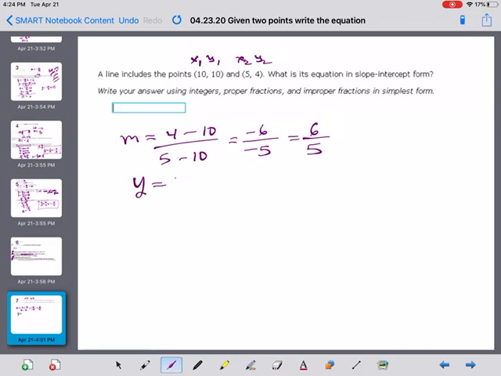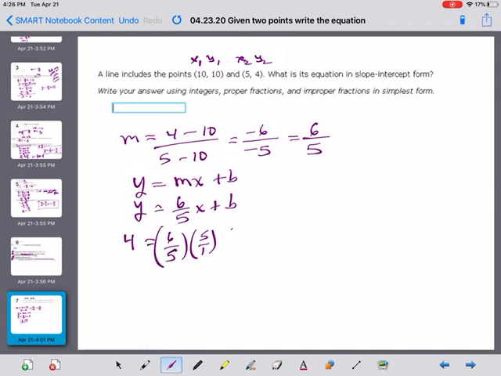Now, plug that into y equals mx plus b. That's the general form, slope-intercept form. So 6/5 x plus b. Now pick either point. Doesn't matter. Let's pick 5, 4. So the 5 would be the x. It's easy to get that mixed up, so take your time.